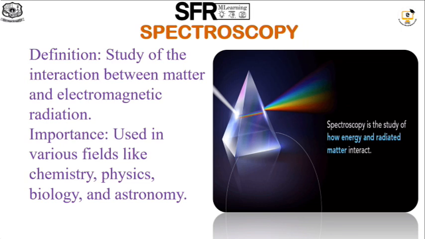In physics, spectroscopy is used to study the properties of atoms and molecules. In biology, to analyze biological substances and understand biological processes. In astronomy, spectroscopy is used to study the composition and properties of celestial objects.